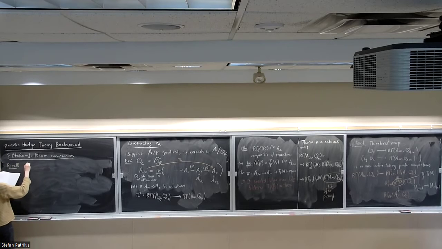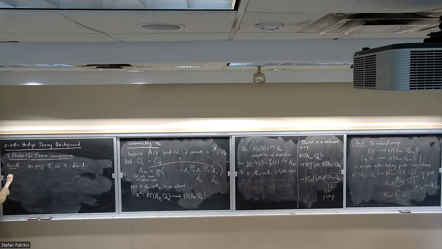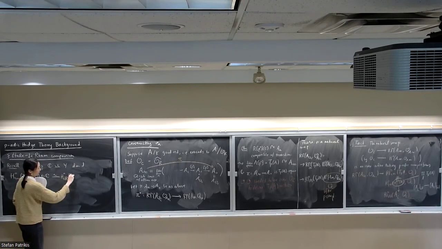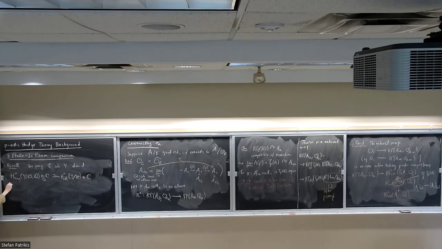So recall for a smooth, proper C scheme Y of dimension D, we have an identification of singular cohomology of the C points, with Q coefficients tensoring up to C, with the de Rham cohomology tensored up to C, via Poincare duality, which will allow us to identify the left-hand side with homology, and the pairing, which is given by taking an integral of a form along a cycle.